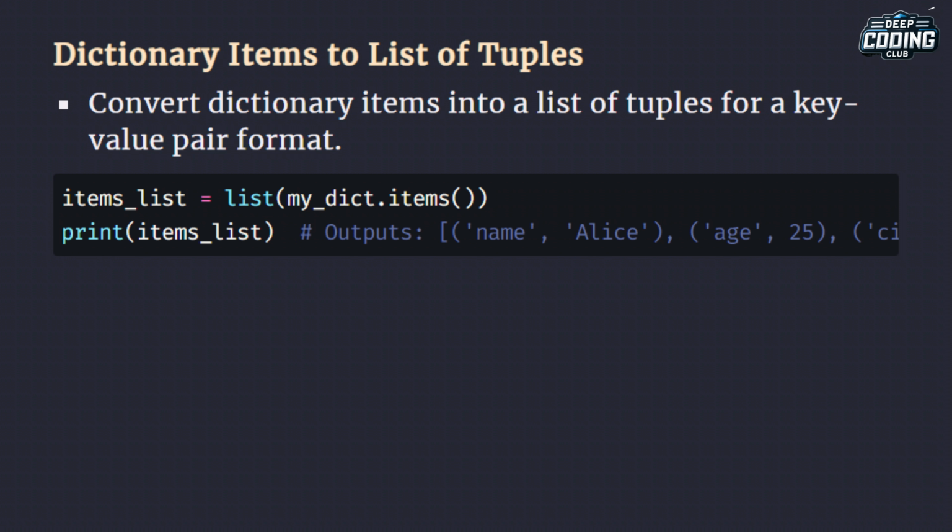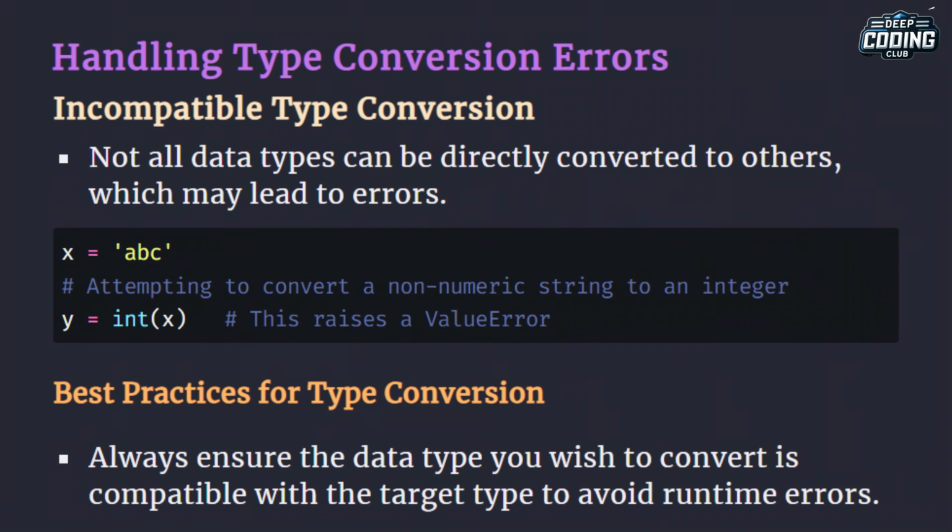Now let us come to type conversion errors. I want to emphasize here that not all types can be seamlessly converted to other data types. Trying to convert incompatible data types might cause you an error. For example, here x is equal to abc inside quotes, which means it's a string, and when I try to convert it to an integer using the int function, then it will raise a ValueError because this string value is not an actual representation of a number.